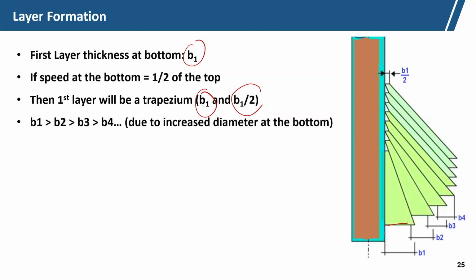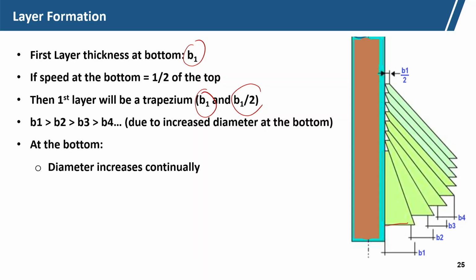Now, here B1, next will be B2, third one will be B3, fourth layer will have B4. In that way it will continue. So, B1 is more than B2, is more than B3, and so on, due to the increase in bobbin diameter at the bottom. Due to that, the thickness increase will be lower.